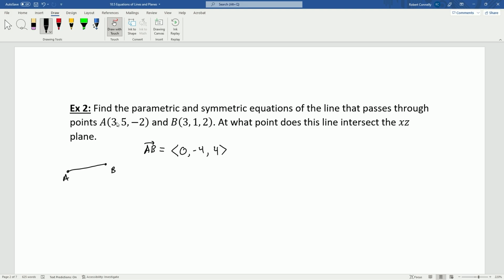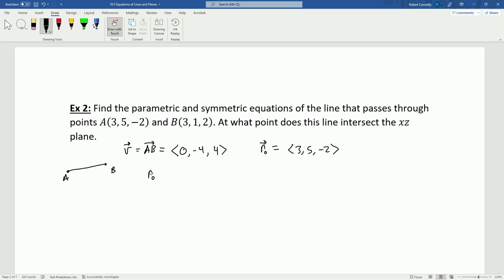Okay, and if we use this point A as our initial point here, then we would have an initial vector. So this would be our V. And our R naught would be the vector that leads to this point. So 3, 5, negative 2.